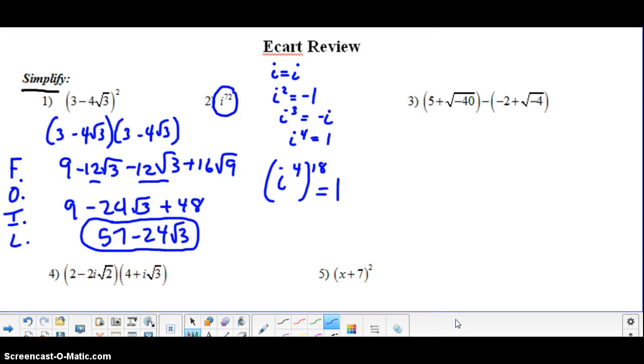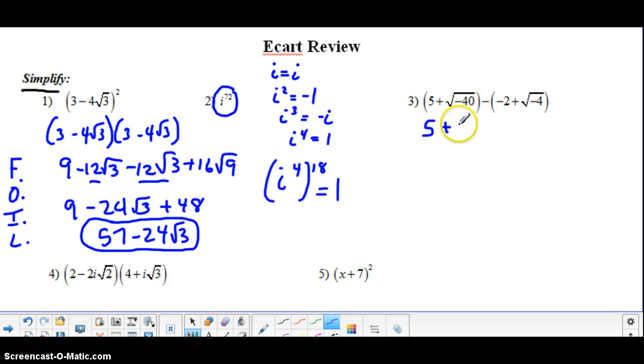Okay, for number 3, we actually can do this in the calculator if you want to try that. Know that you'll see the negative here will distribute. We can put this whole thing in the calculator. I'm going to work it out by hand quickly and then show you the calculator. So 5 plus the square root of negative 40.